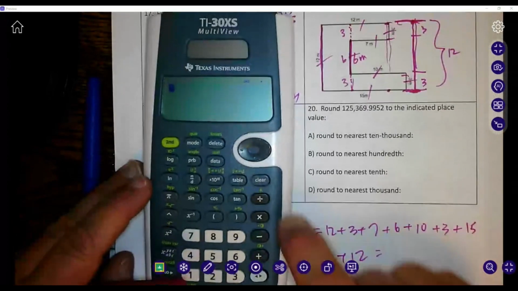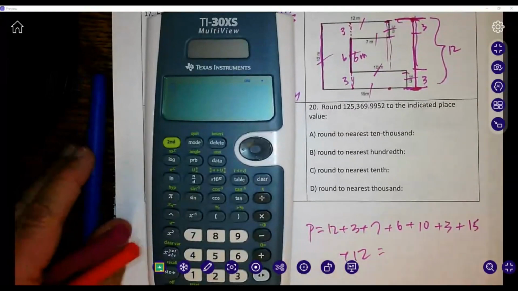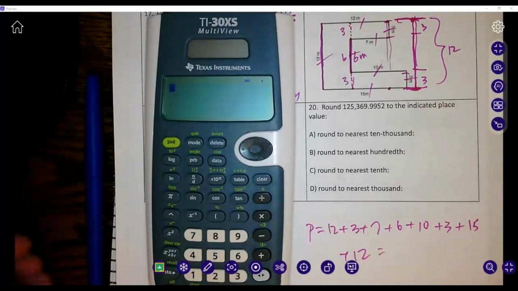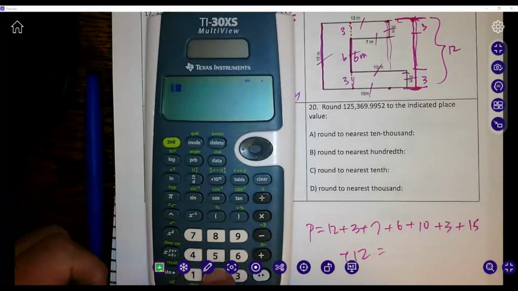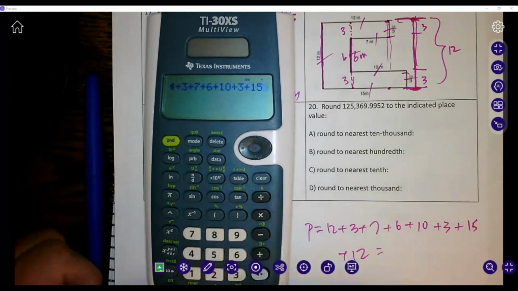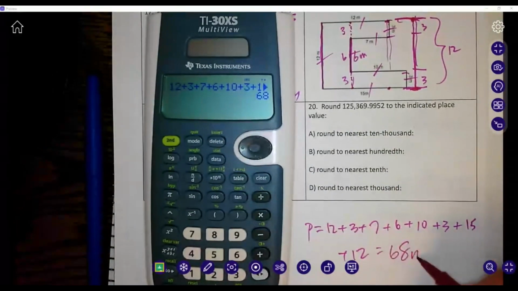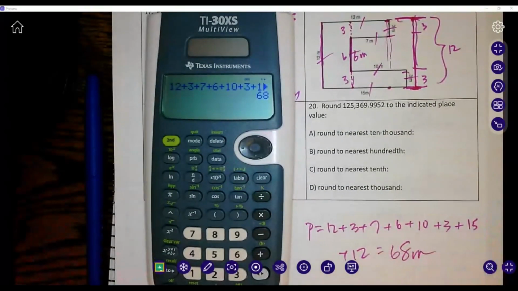Okay, then we add all this up, and what did y'all get? Y'all got 68. Is that what y'all are getting? 68? That sounds correct. 68 meters.